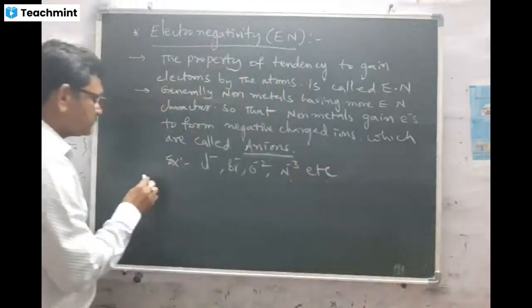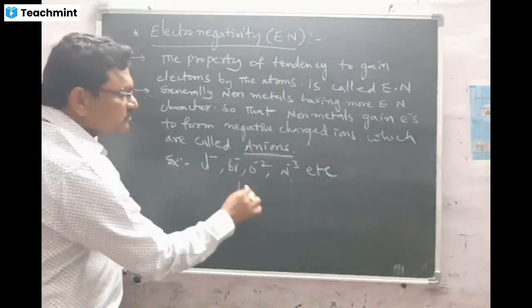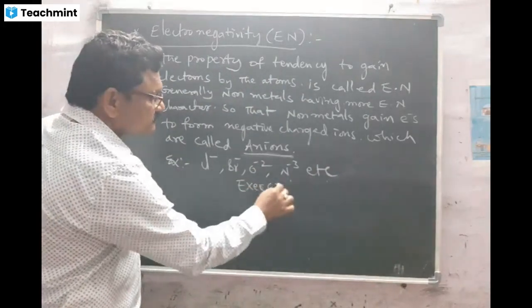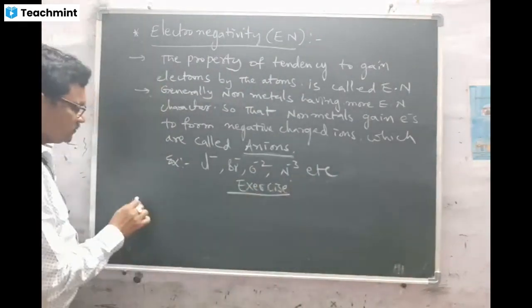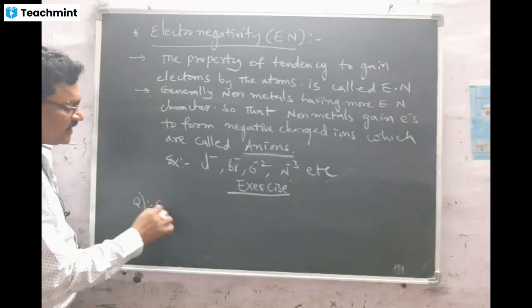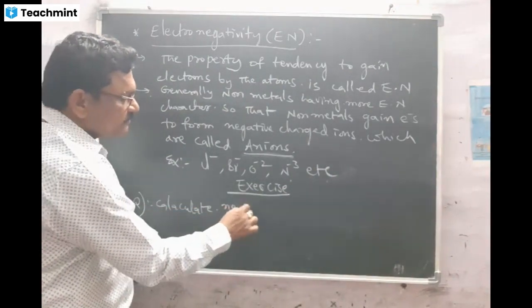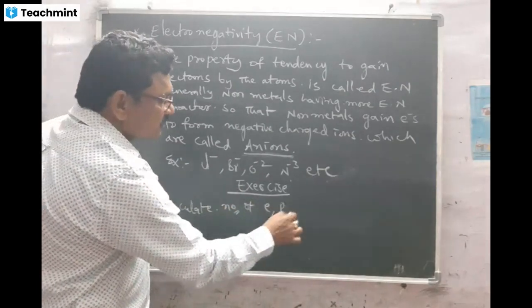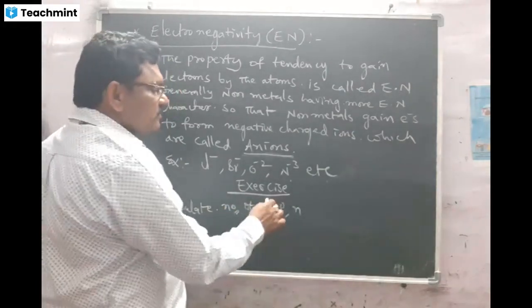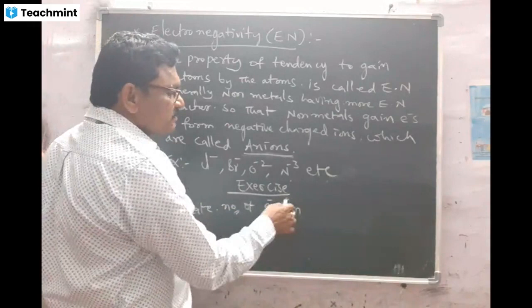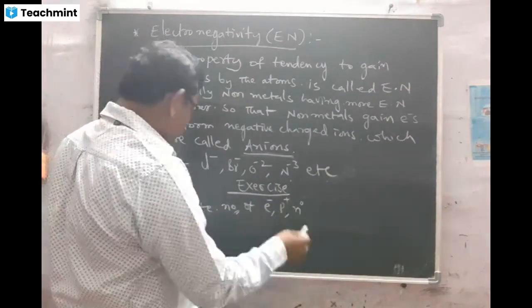Right now, the exercise. The question will be like this: calculate the number of electrons, protons, neutrons. You know, electrons means minus, protons means plus, neutrons means 0.